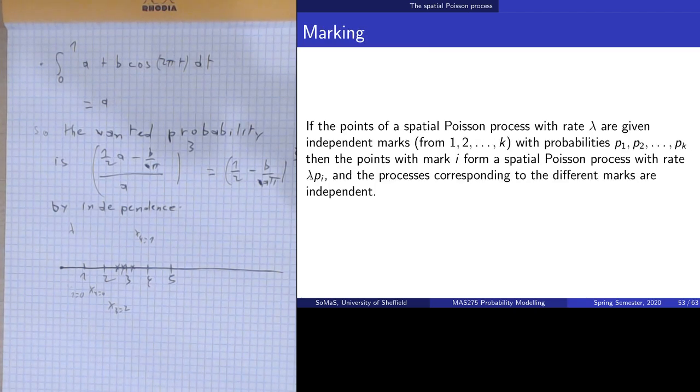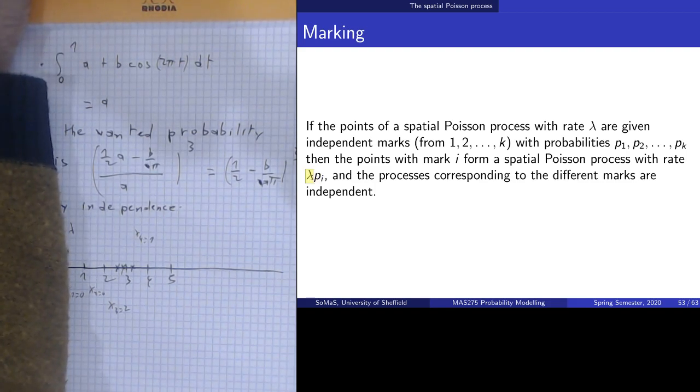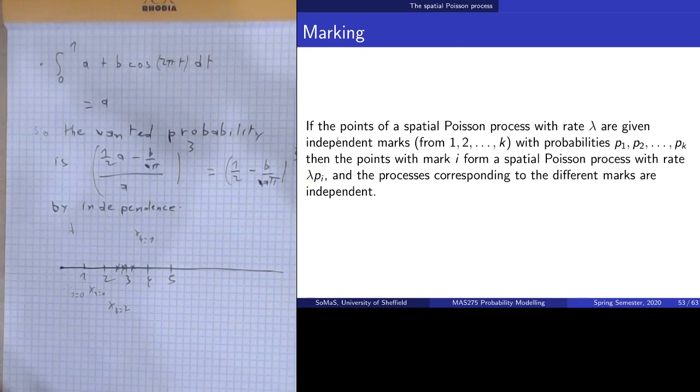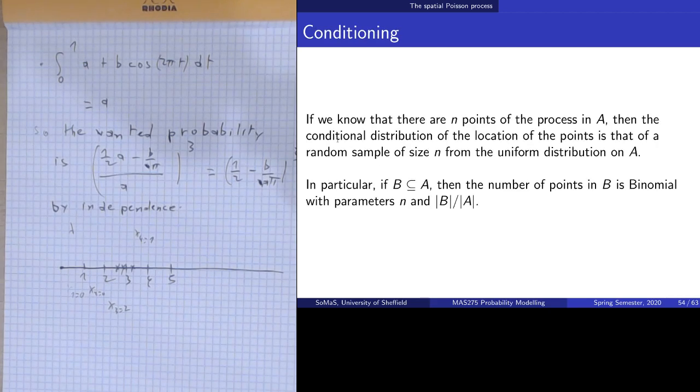We can mark things by saying that each point actually comes with an additional mark, and it's marked with type i with probability pi, and same thing. If we split the big Poisson process into smaller ones, they are indeed Poisson processes, and they're independent. The new parameters are lambda times the probability of having the mark we're looking at.